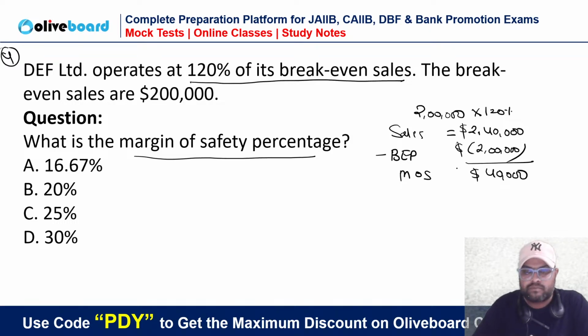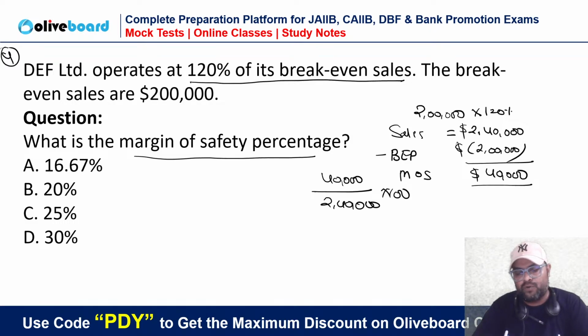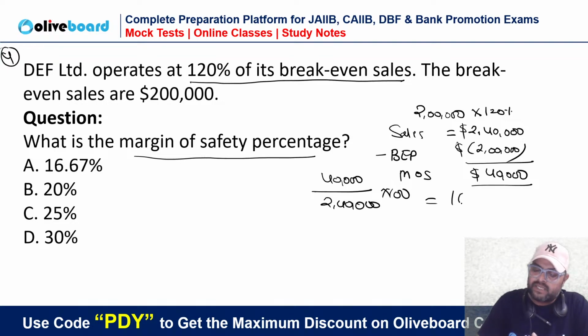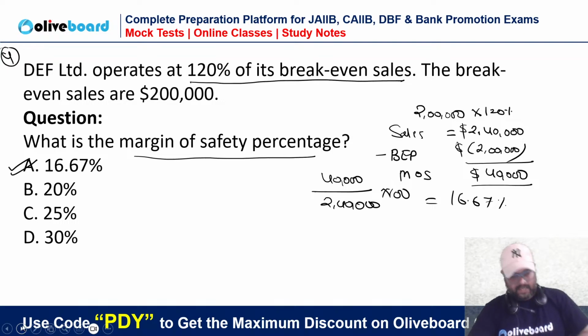If I convert that into a percentage, sales was 2,40,000, multiplied by 100. 40,000 divided by 2,40,000, the percentage is 16.67%. So A is absolutely the correct answer. Tell me, in case you have any doubt, any query, please let me know.